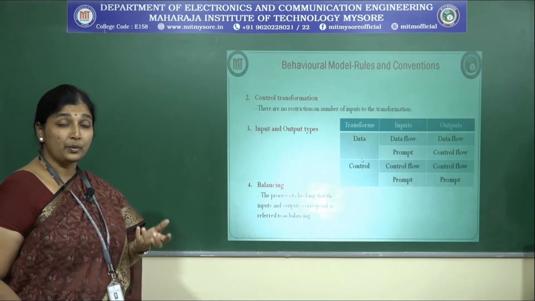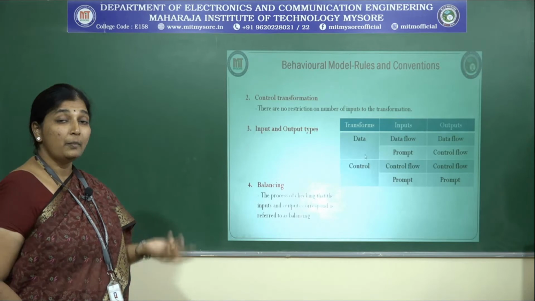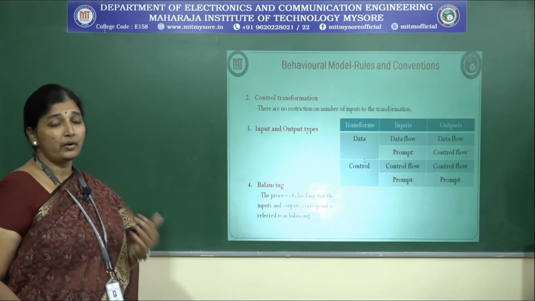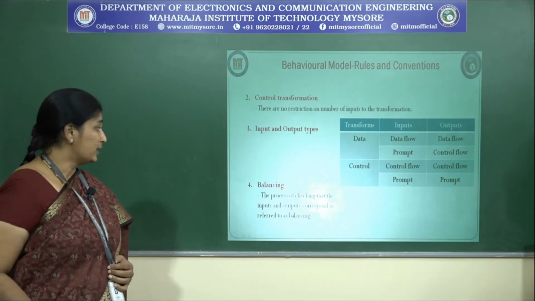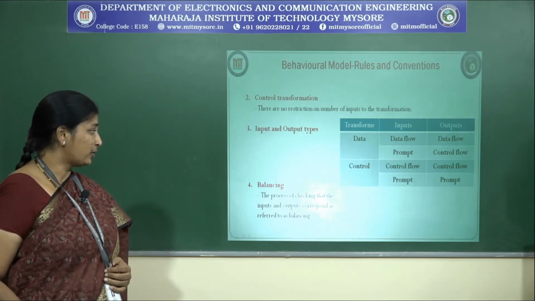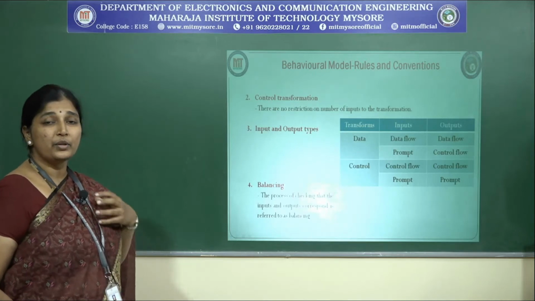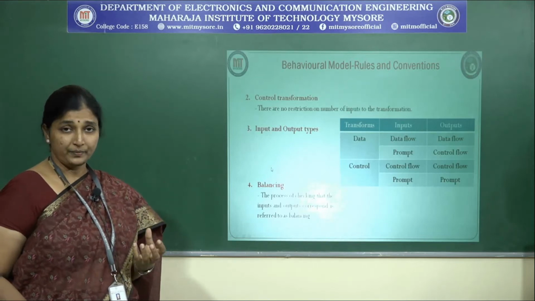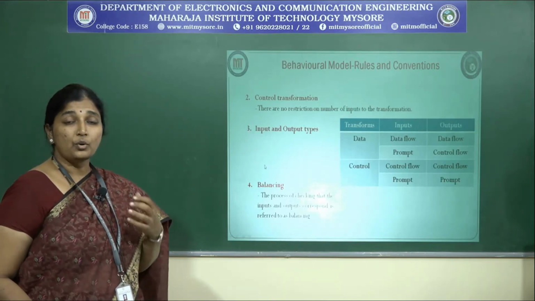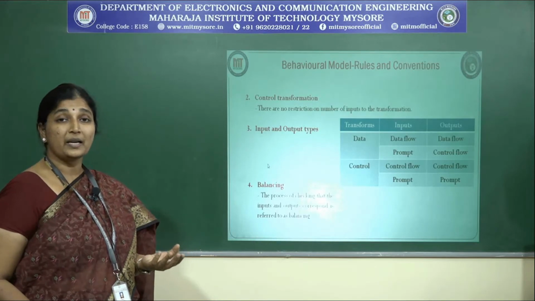So it's basically classified as data or control. And what kind of input are we looking for? Whether it is a prompt, a data or a control signal. Fine. Then what is balancing? The process of checking that input and output correspond is referred to as balancing. So whatever input you are sending in, if you are giving temperature as your input, is it a temperature that you are expecting as an output?